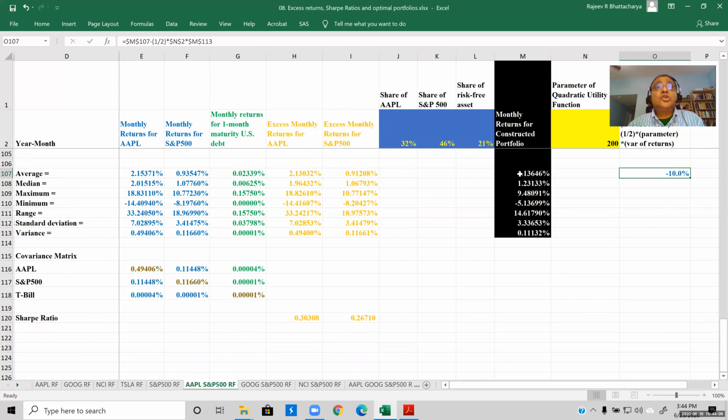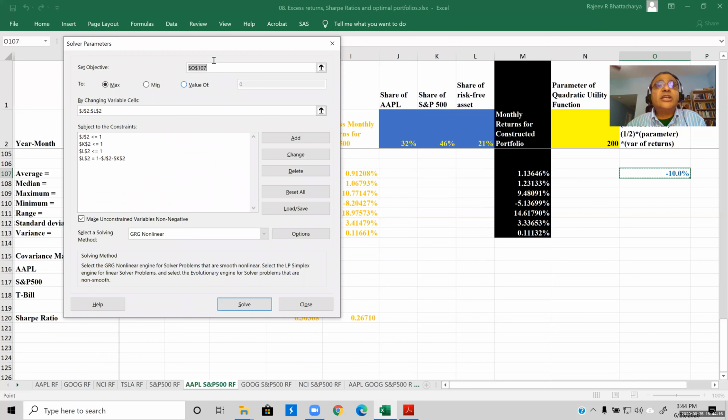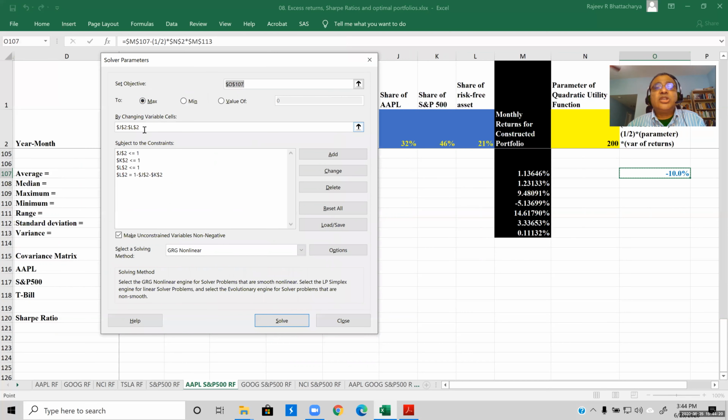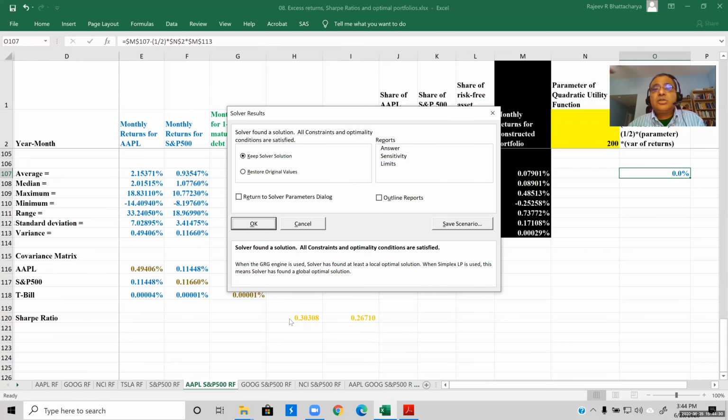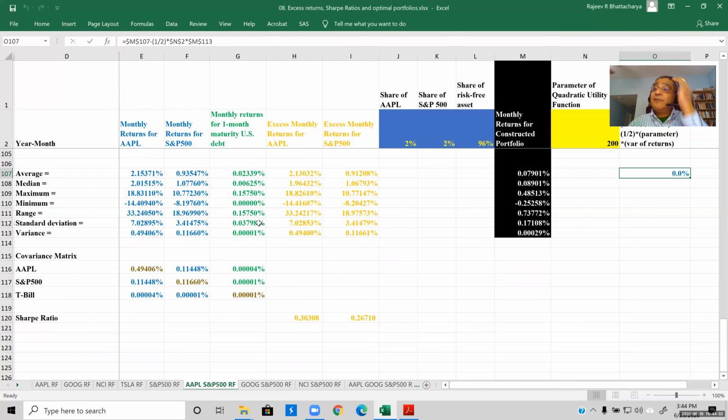All right. So now that is, once again, negative, which doesn't necessarily mean that it is a bad investment. Set objective O07 by changing variables J2 to L2, J2 less than or equal to 1, K2 less than or equal to 1, L2 less than or equal to 1. They add up to 1. Solve. Okay. And if you are very risk averse, remember, this is when the parameter is 200.